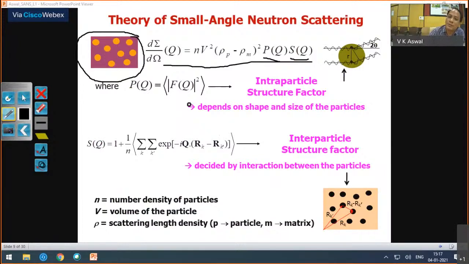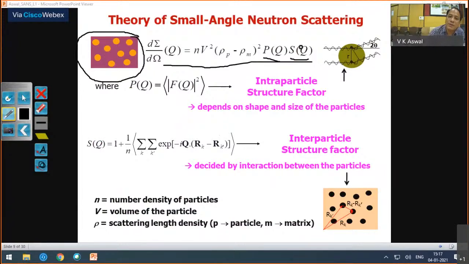That will lead you to the intraparticle structure factor, which is nothing but the square of the form factor. Since this interference is coming from the nuclei within the particle, it will give you information about the shape and size of the particle.